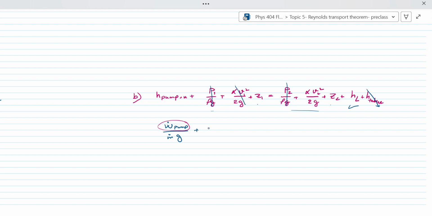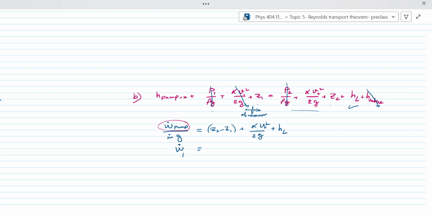V1, we said it's approximately 0 because it's on the surface of the reservoir where water is drifting slowly down. So this leaves me with Z1, which I will take to the other side to write it in terms of delta Z2. So I will have Z2 minus Z1 on the right hand side plus alpha V2 squared over 2G plus HL.